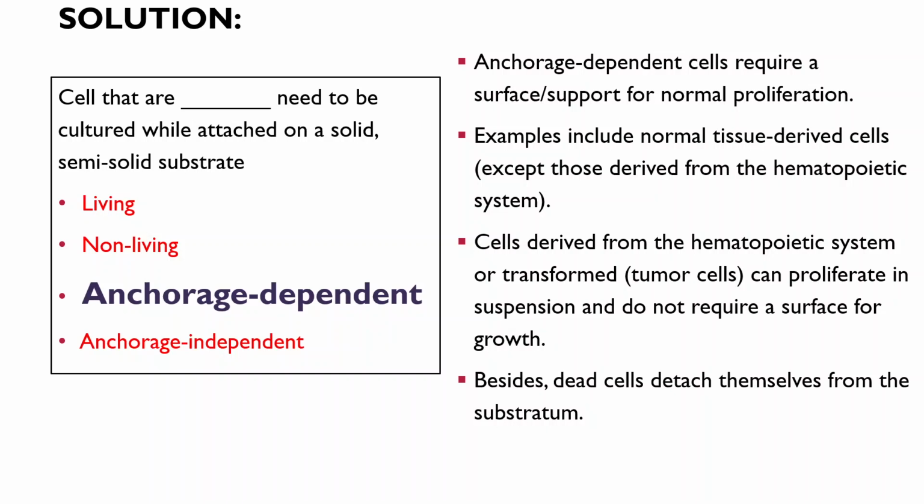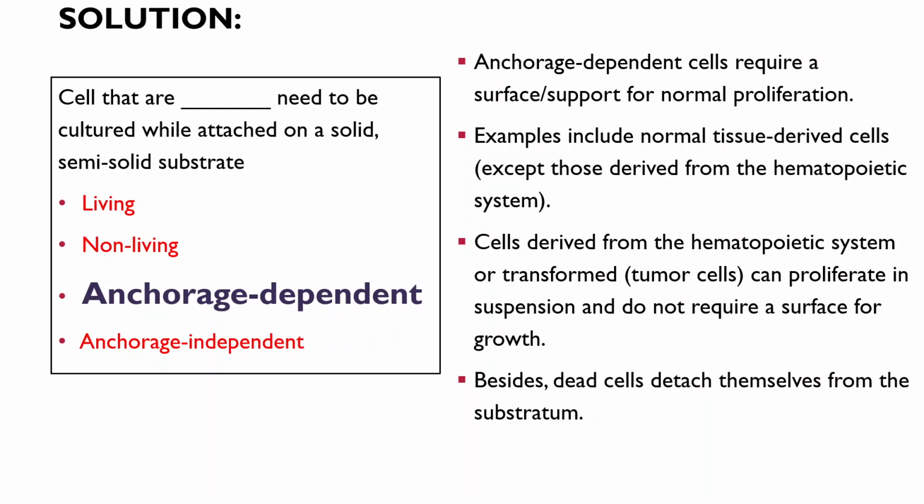That is, cells that are anchorage dependent need to be cultured while attached on a solid or a semi-solid substrate. Now we will see why and how. Anchorage dependent cells are those cells which require a surface for normal proliferation. Examples include the normal tissue derived cells, whereas anchorage independent cells are those which do not require a surface for their growth.